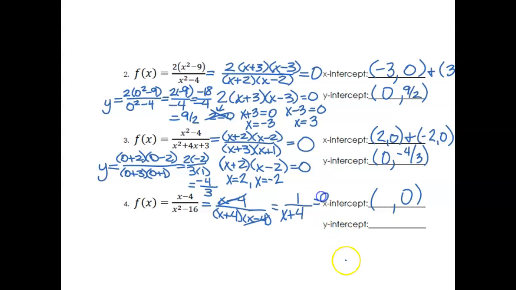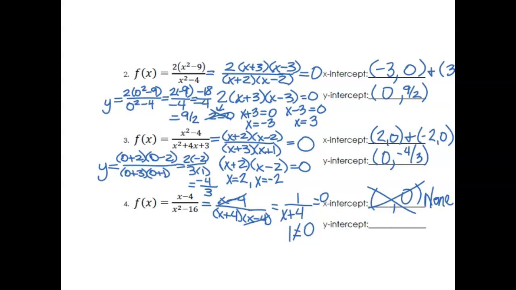Which really means I need to set my numerator equal to 0. Is 1 equal to 0? No. So what does that mean? There is no x-intercept.